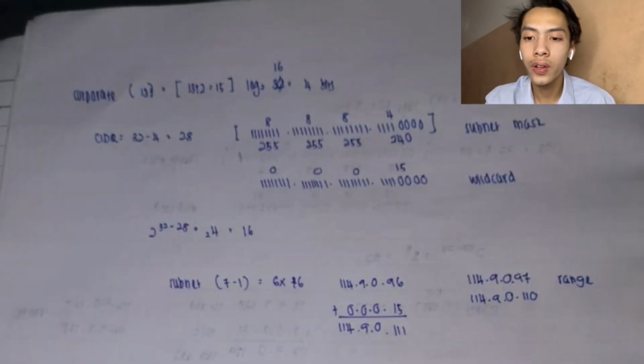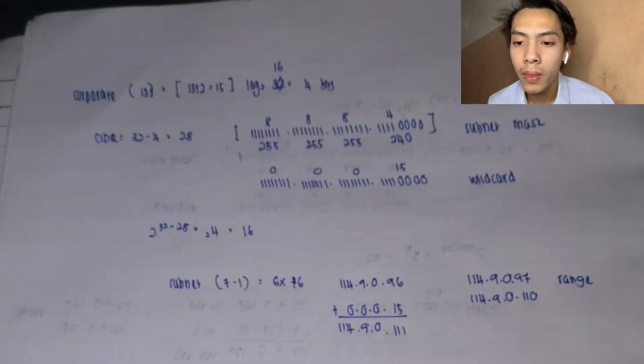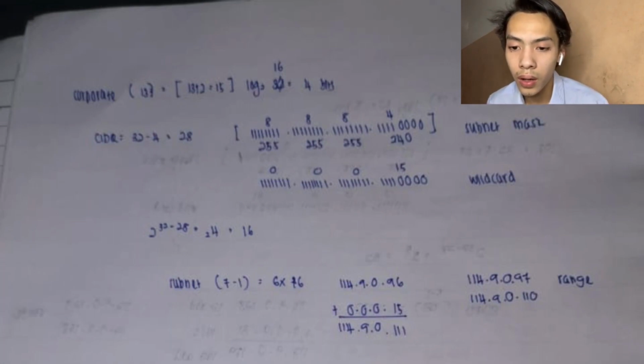So next, for the subnet corporate, as the maximum number of computers is 13, and then we plus 2 as the formula, and we got 15, which is less than 16. We use log 16, and then we got 4 bits. And then for the CIDR, we calculate 32 minus by 4 as the formula, and then we got 28.